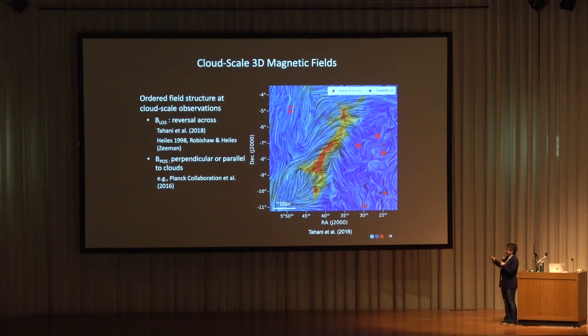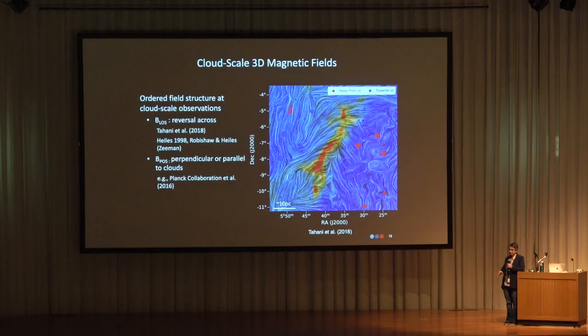For example, here I'm showing the line of sight and plane of sky magnetic fields of Orion A. Points that are blue are magnetic fields toward you, red are magnetic fields away from you, and there seems to be a coherent structure. The Planck magnetic field observations seem to be mostly perpendicular to the region.